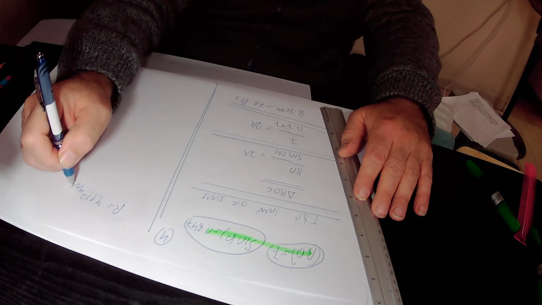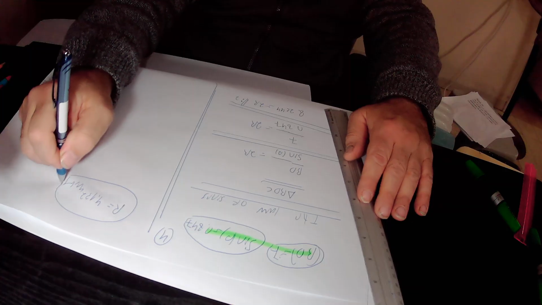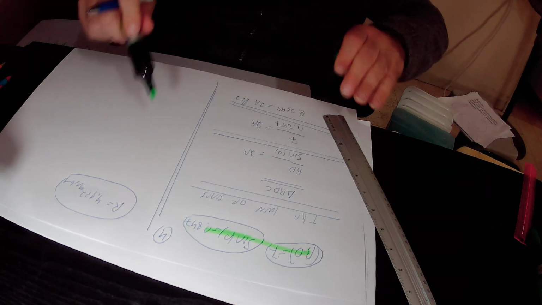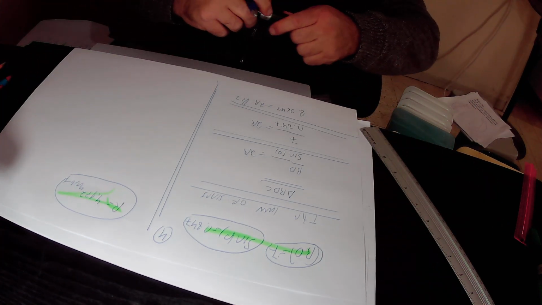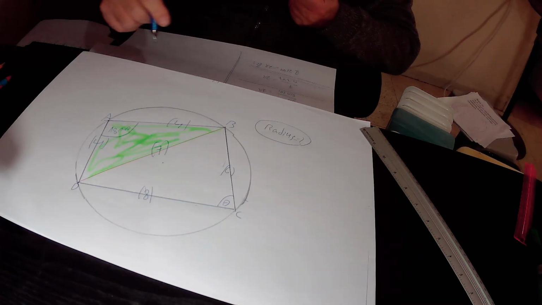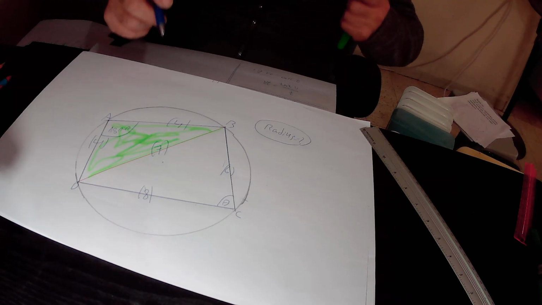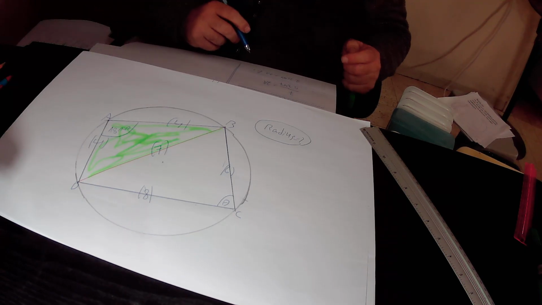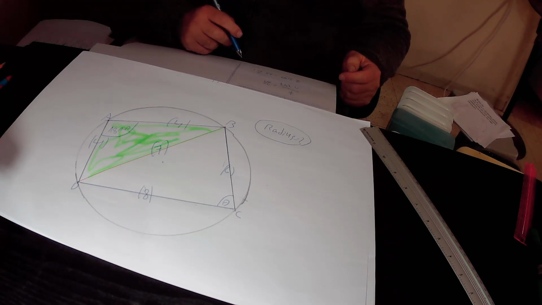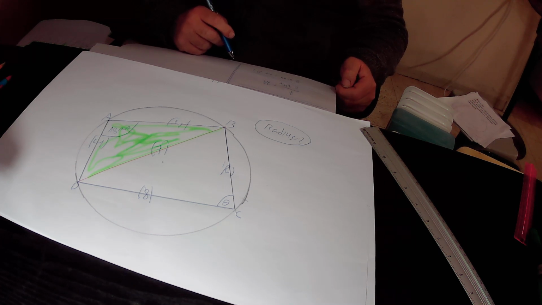In total, we found that the radius R is equal to 4.132 units. So we finished the answer of the first question. In the next step, I present the second question, and we solve it using two different methods.